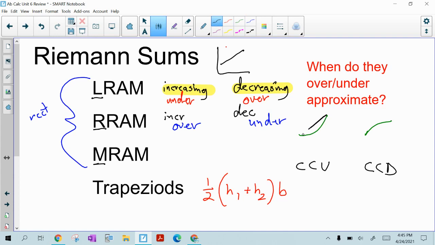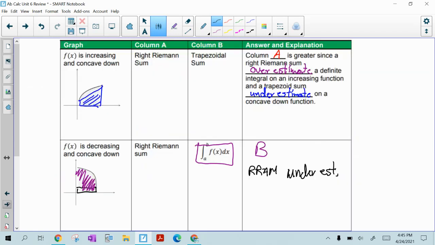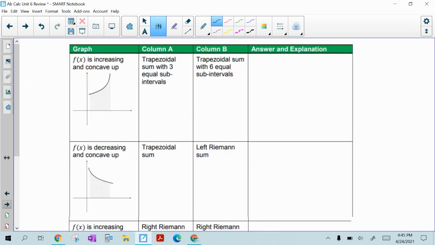If I draw a trapezoidal approximation here with just one trapezoid, you can see that this one will overestimate it. But for concave down, you're looking at something that will underestimate it. Okay? All right, back into this problem here. And here we go.